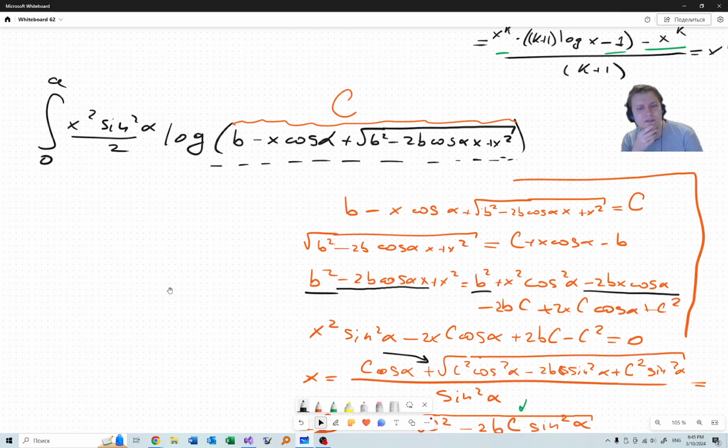Well, it's not always good, because maybe I need to take minus. How can I know? If x is huge, then it might be plus. We don't know.